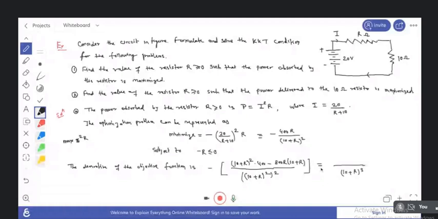So now what is the... So here KKT condition. So in next page, so here the KKT condition, thus the KKT condition.